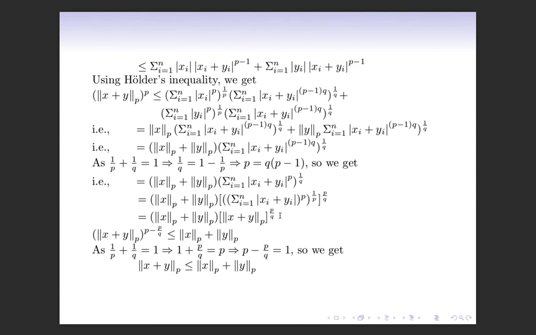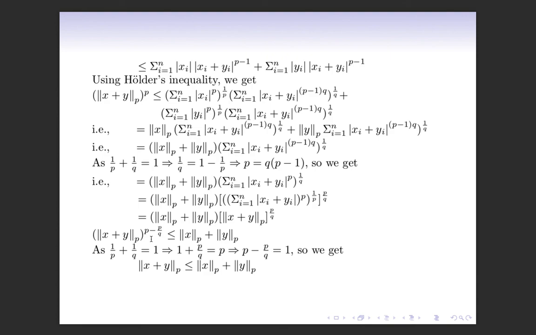And since the left hand side is norm p of x plus y whole to the power p, when we divide by this term, we get norm p of x plus y whole to the power p minus p by q, and this is less than or equal to norm p of x plus norm p of y.